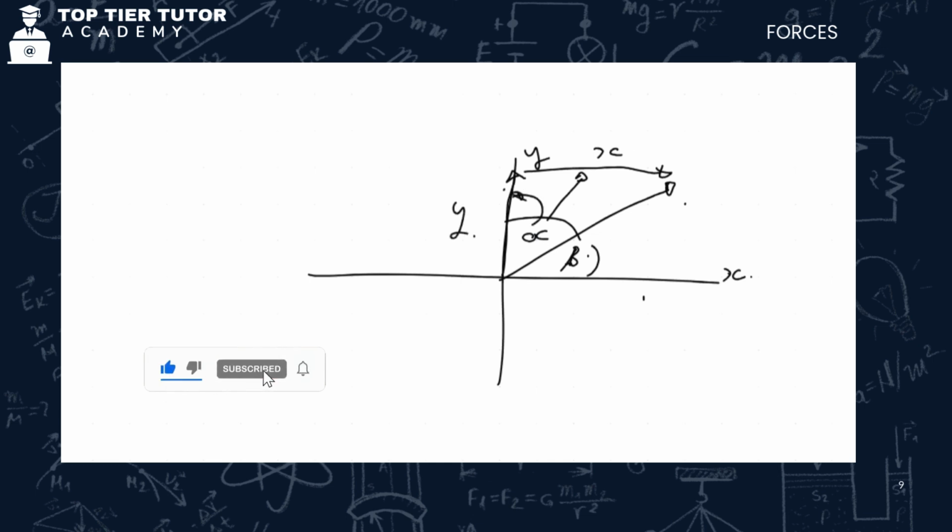So the x is going to become, let's call that r again, r sine of alpha because it's opposite, and our y here is going to be r cos of alpha because it is now adjacent instead of being opposite. So the trig ratio that you use is very much determined by where the angle is. It is always important to take note of the angle.